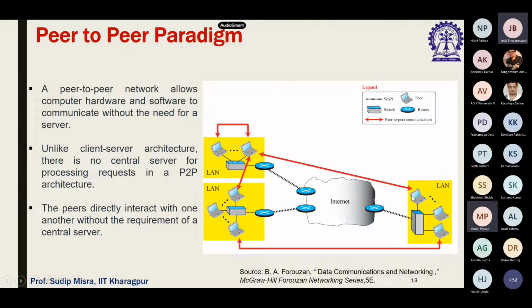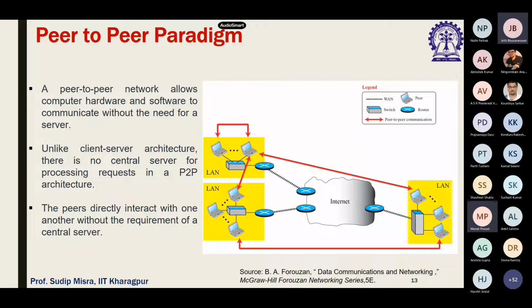So in a peer-to-peer network, you have hardware and software that can enable the communication between two different computers without the need for a server. So there is no centralized server for processing the peer-to-peer communication requests, right?